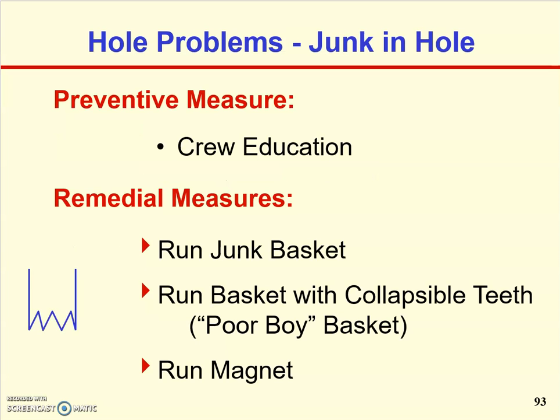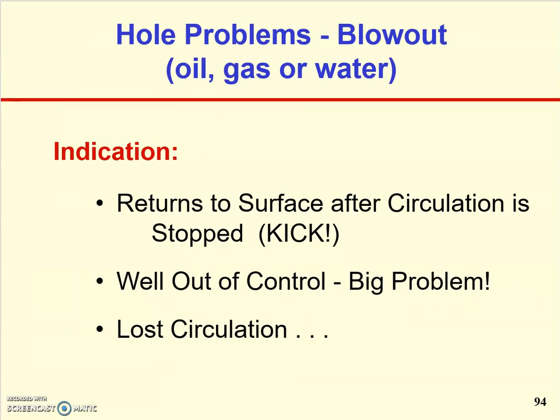Again, preventive measures include the education of crews on the wellbore to be careful about the equipment, and sometimes you have to drill through that junk part that is inside the wellbore, or you have to take it out using magnets or other types of fishing. Blowouts, we talked about them, the kicks, right?